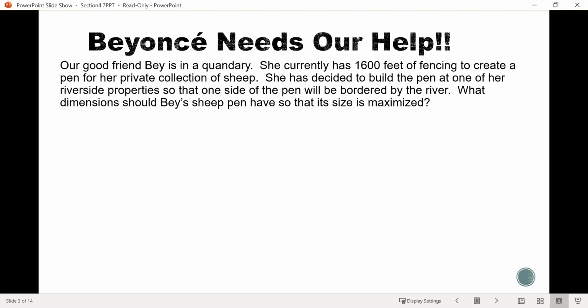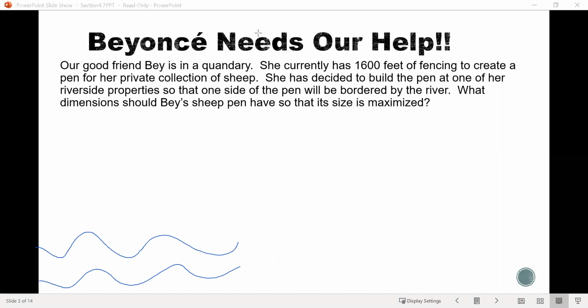To approach a problem like this, since this describes something happening in the physical world, the first thing we should do is draw a picture. This is going to be my river. And she's building the pen, which does not say, but we do want to assume this is a rectangular pen.